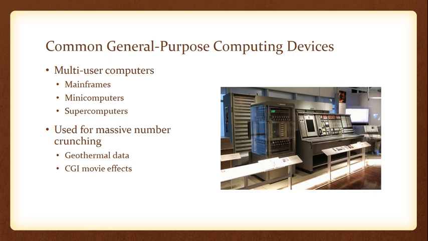So a supercomputer would be like tallying census results, geothermal imaging data. There's a whole bunch of different things, but it's always focused on one single task. As I mentioned down below, it's used for massive number crunching. So the tallying census, the geothermal data, even CGI movie effects.